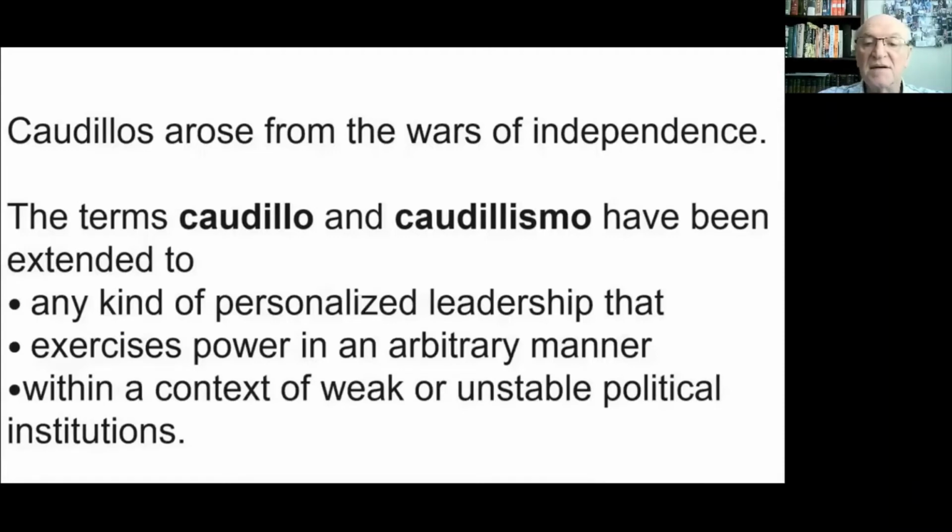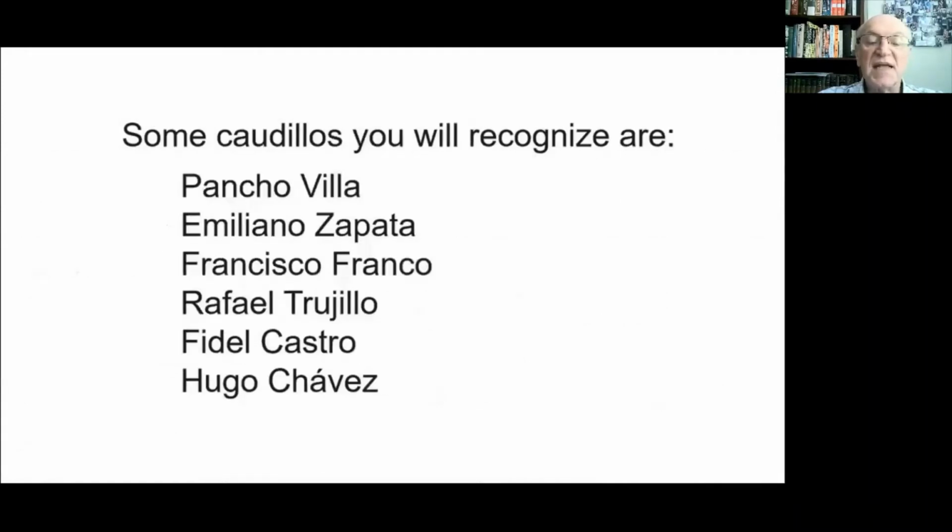Even today, there are caudillos. Some caudillos whose names you will recognize are Pancho Villa, northern Mexico, Emiliano Zapata, southern Mexico, Francisco Franco from Spain, Rafael Trujillo from the Dominican Republic, of course Fidel Castro, and of course Hugo Chavez.